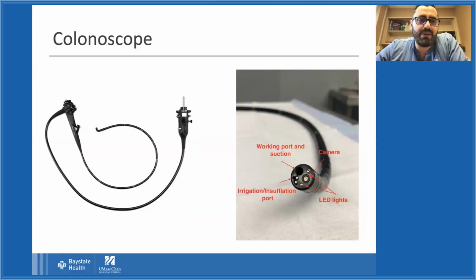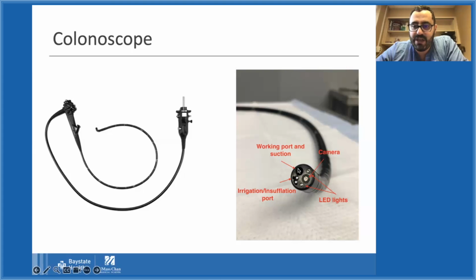And then what is the colonoscope? The colonoscope is technically a tube that has a camera in the tip of it. We use this tube and the camera to look inside an organ. When we are looking inside the colon, we call it a colonoscope. In the tip of the colonoscope, you have a nice high definition camera, and then you have two lights.